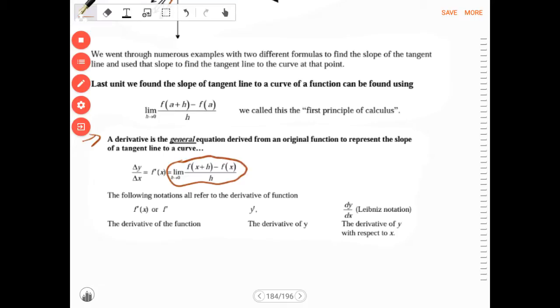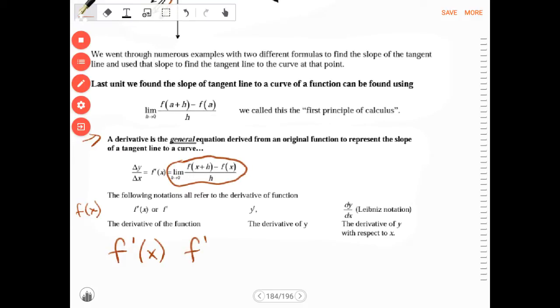There are several different notations, and this did not come across all that well on the PDF. Sorry about that. So I'll write it again for us. If we have the original function f of x, the derivative is f prime of x, or sometimes just f prime.